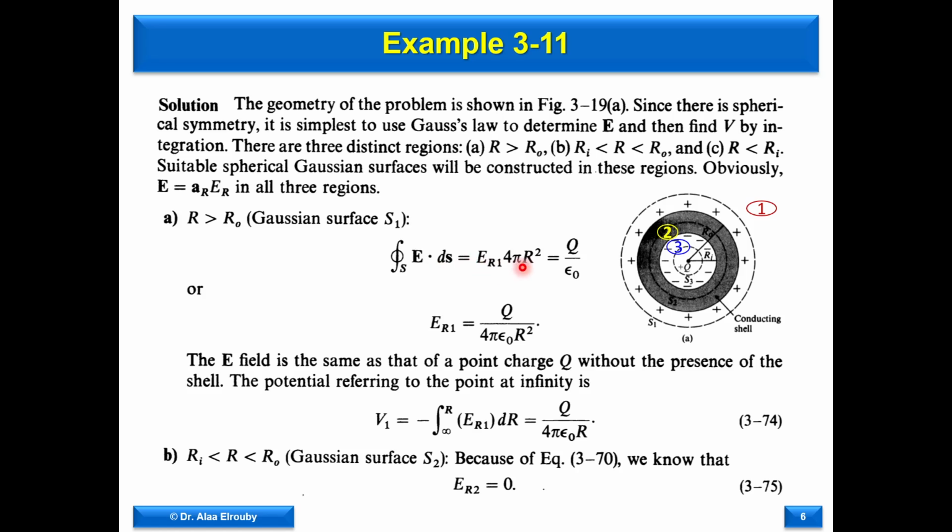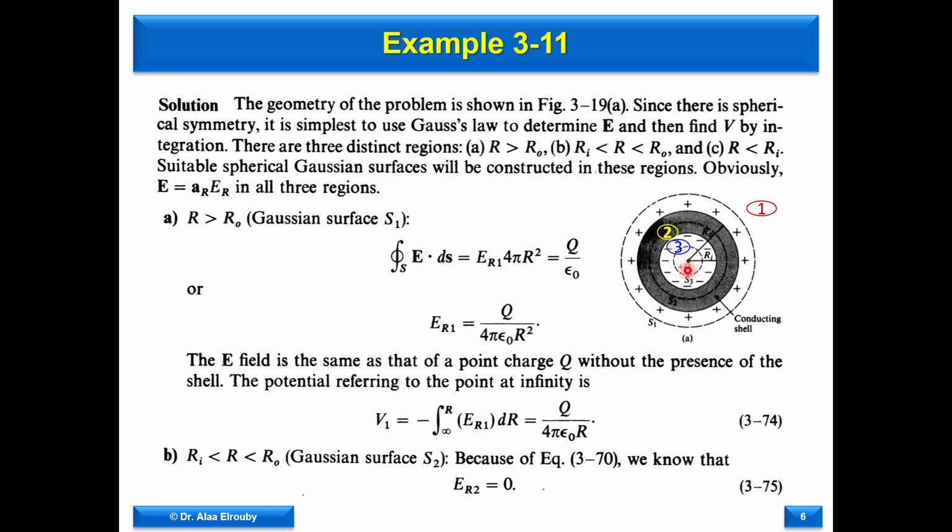So the electric field on the Gaussian surface, any spherical surface outside of the spherical conducting shell, in region 1 multiplied by the area equals the total charge enclosed by the Gaussian surface. So what is the total charge?